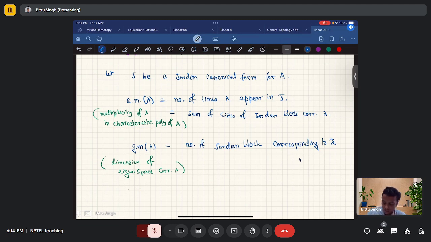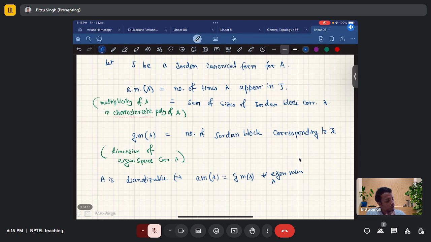Other results are like this. From those two things we can say A is diagonalizable if and only if the algebraic multiplicity of lambda is the same as the geometric multiplicity of lambda for all eigenvalues lambda.